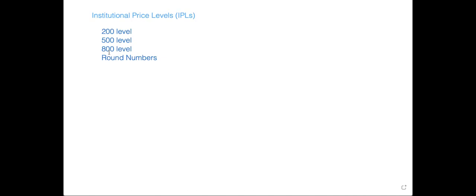Then we can use these levels to predict the reaction of the price, which is useful for setting our entry, take profit, and stop loss.